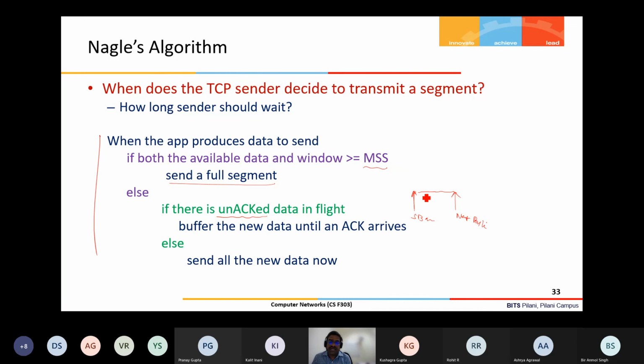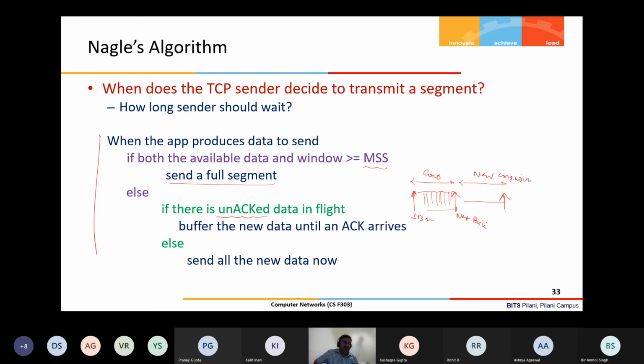So this much data has been sent but is not acknowledged; this much is outstanding data. Once this acknowledgement is received, I can slide my window from here to here. My send base will come here, and with the congestion window at this much, my new congestion window will be here.